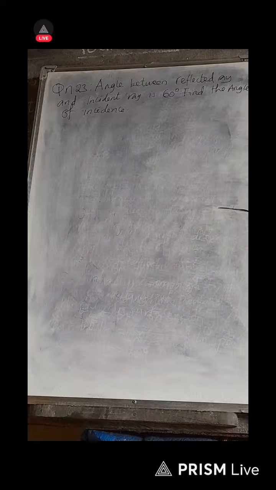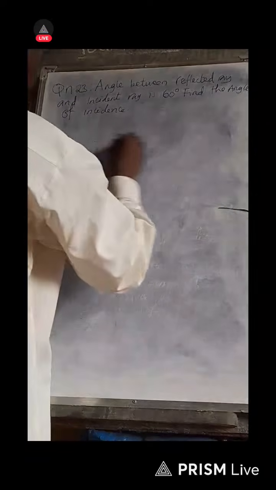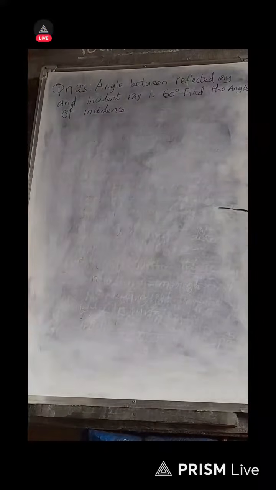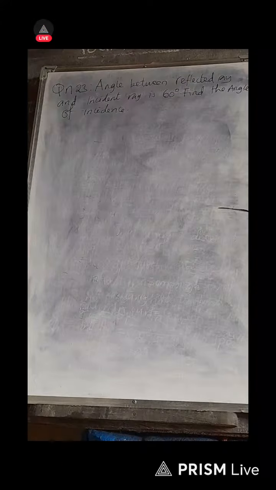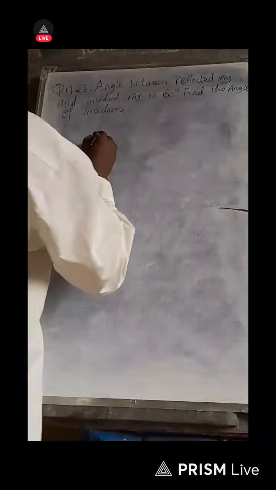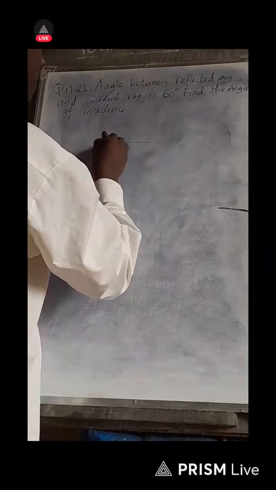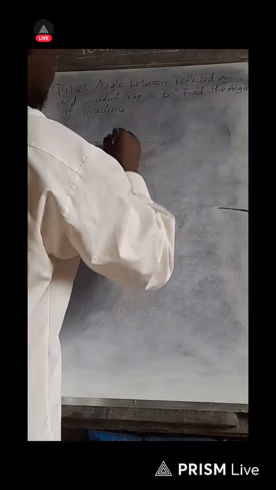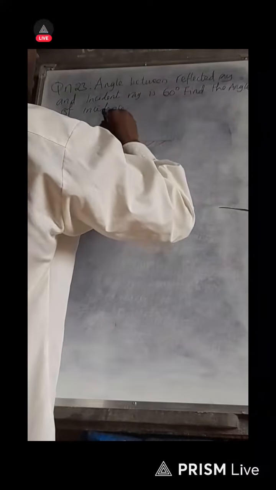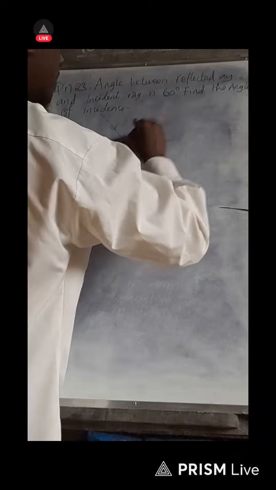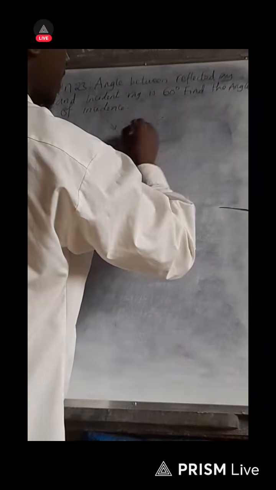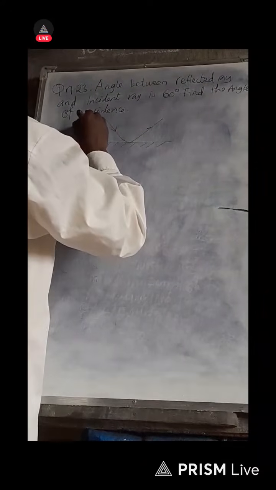In these questions, what we are supposed to do is very, very simple. If you have the plane mirror like this, you are told that this is the incident ray, and this is the reflected ray.